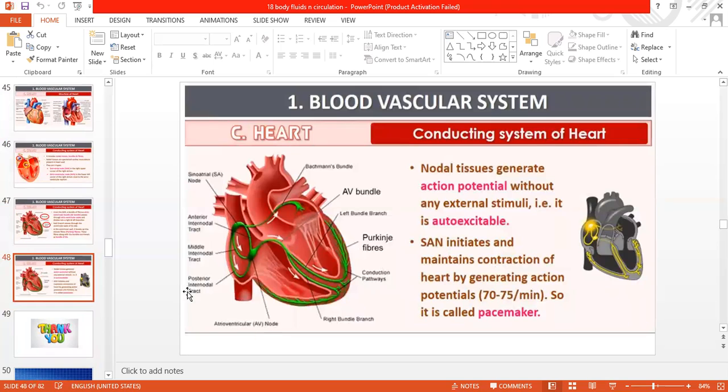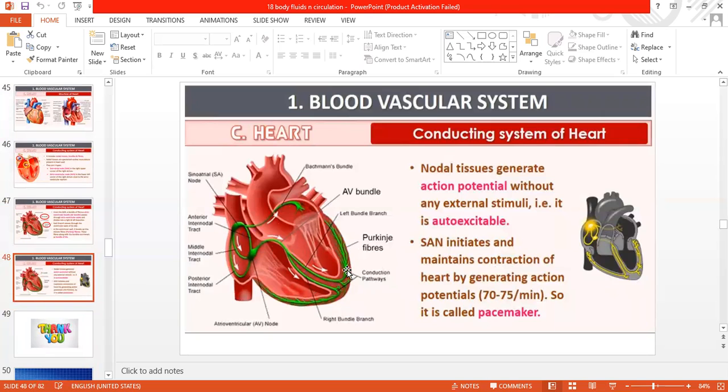Now, from here the impulse comes to the AV node. When the impulse reaches the AV node, the atria contract, and from the AV node it passes to the AV bundle, and from the AV bundle to the Purkinje fibers.